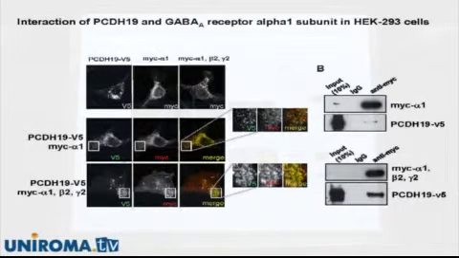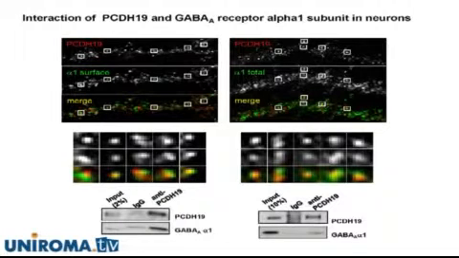This is the immunoprecipitation test, which is the test utilized to see whether there is an association between the two proteins. This is protocadherin, this is the subunit alpha, and they find themselves in the same place. And if the other subunits are overexpressed, then you will find them associated.